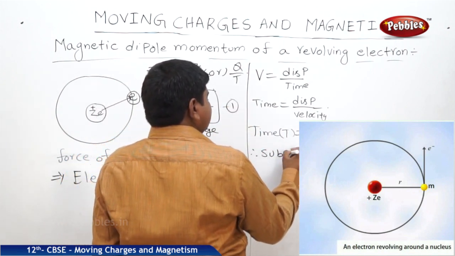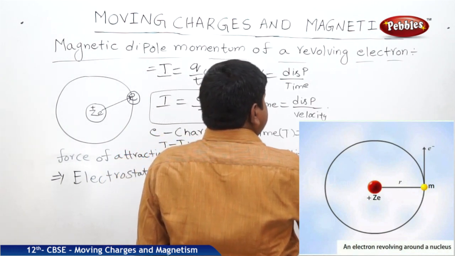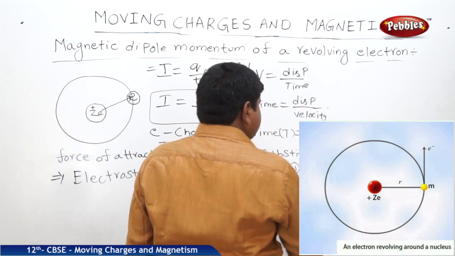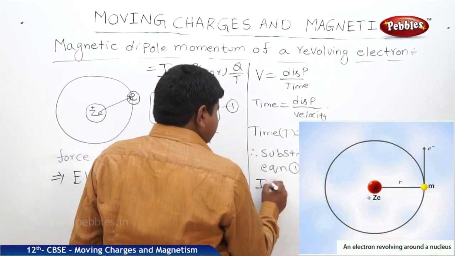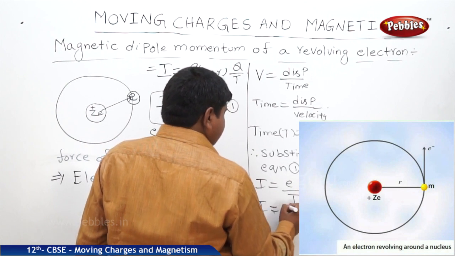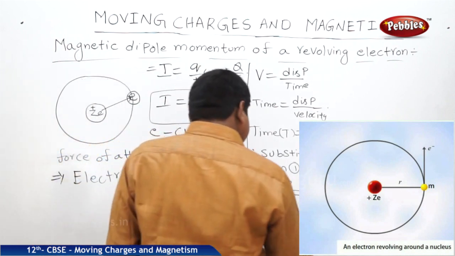Substituting T in equation 1, therefore I is equal to e by T, so what is T? 2 pi r by v.